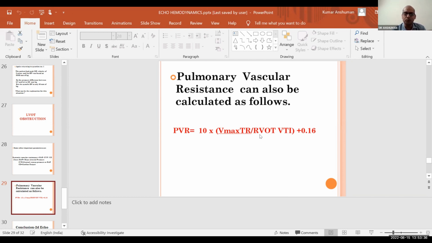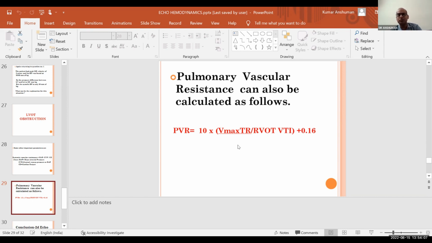Again, you go to the RVOT in the short axis, at the pulmonary valve level, and apply pulse wave at the pulmonary valve. You get a graph there, you trace it, that is the RVOT VTI, you divide it, and then multiply by 10, and you add 0.16, and this is calculated as Wood units, and most of the time it is correct up to 8 Wood units.